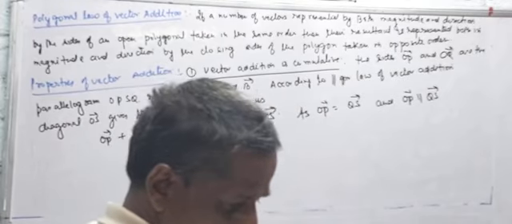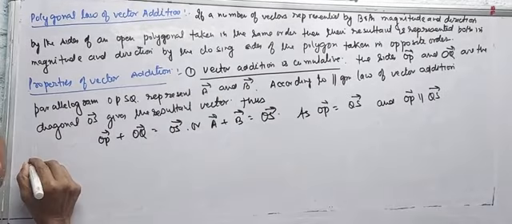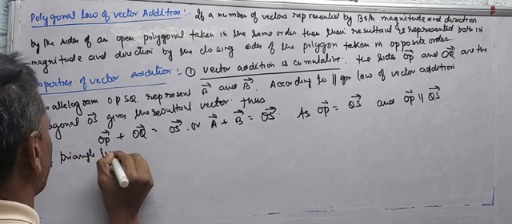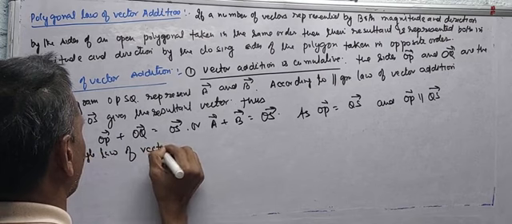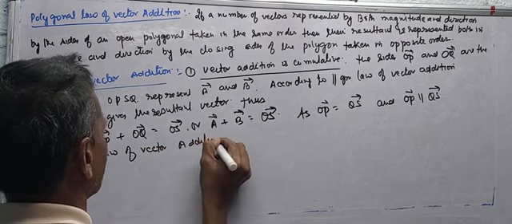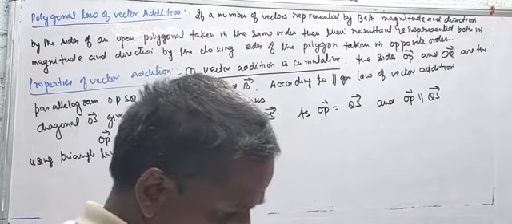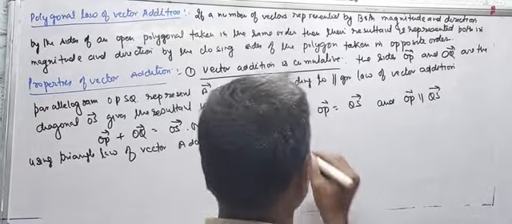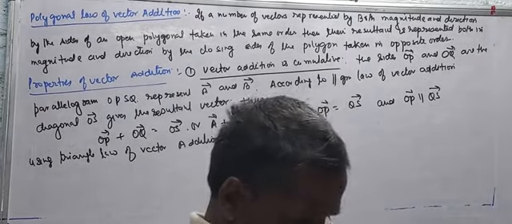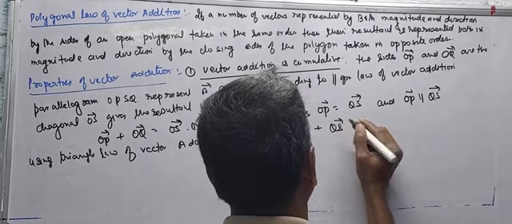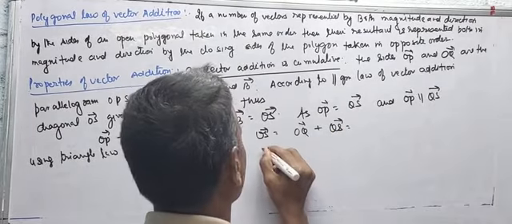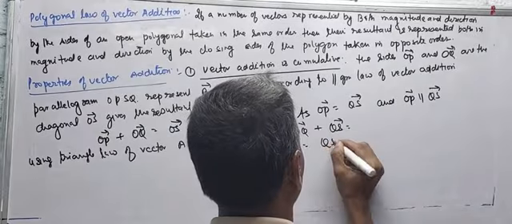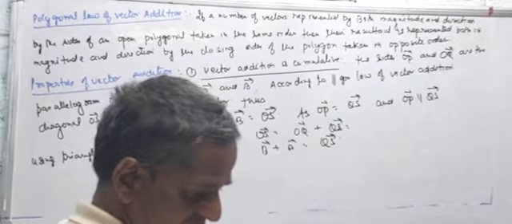Using triangle law of vector addition, OS vector equal to OQ vector plus QS vector. Then B vector plus A vector equal to OS vector.